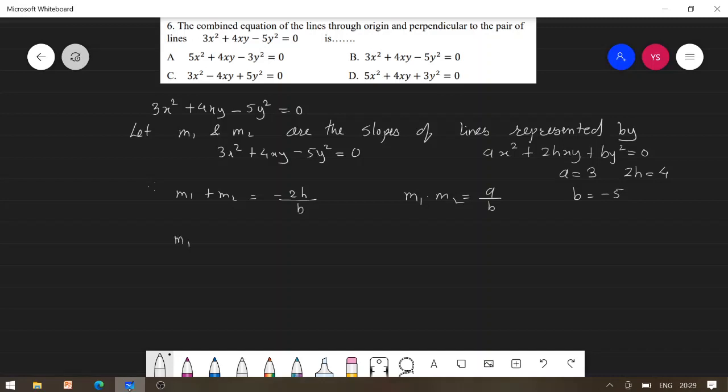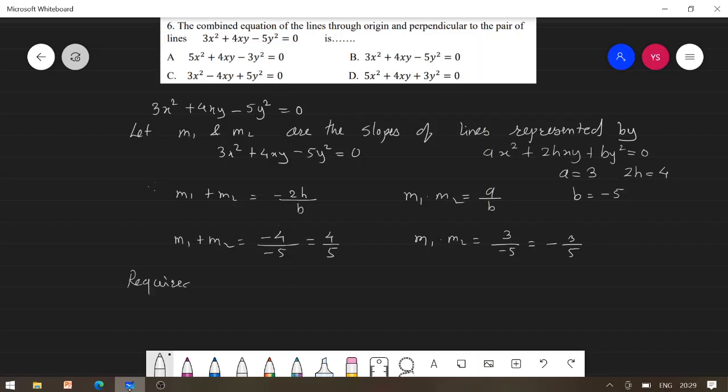So we will get m1 + m2 = −4/−5, minus minus becomes a plus. So we have m1 + m2 value as 4/5. On the same basis m1·m2 value we will get 3/−5, a −3/5. Now required lines are perpendicular to the given lines.